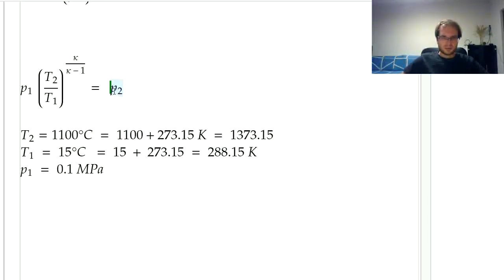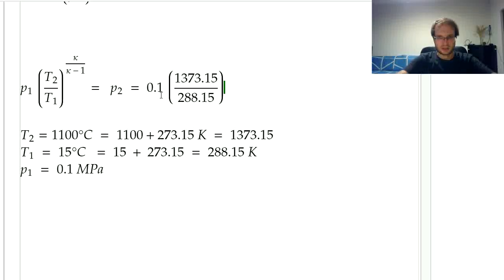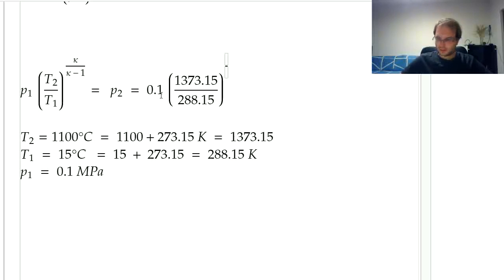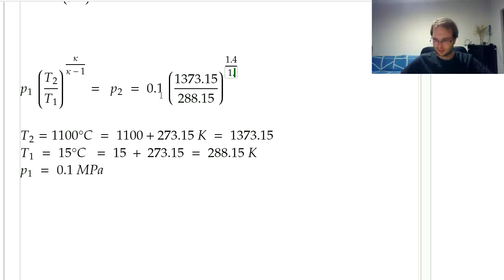Alright, so now the P2 will be 0.1 times temperature T2 over here divided by temperature T1, and this raised to the kappa, which is 1.4, divided by kappa minus 1.